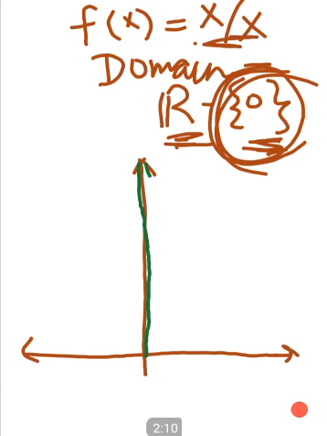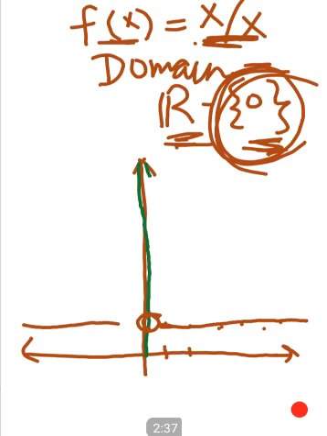When we take some values of x, we get the values of f of x. When x is 1, f of x is 1. x is 2, f of x is still 1. And no matter what value we take, we get 1 except 0. At 0 this is not defined, so I draw an empty dot here and complete the graph.